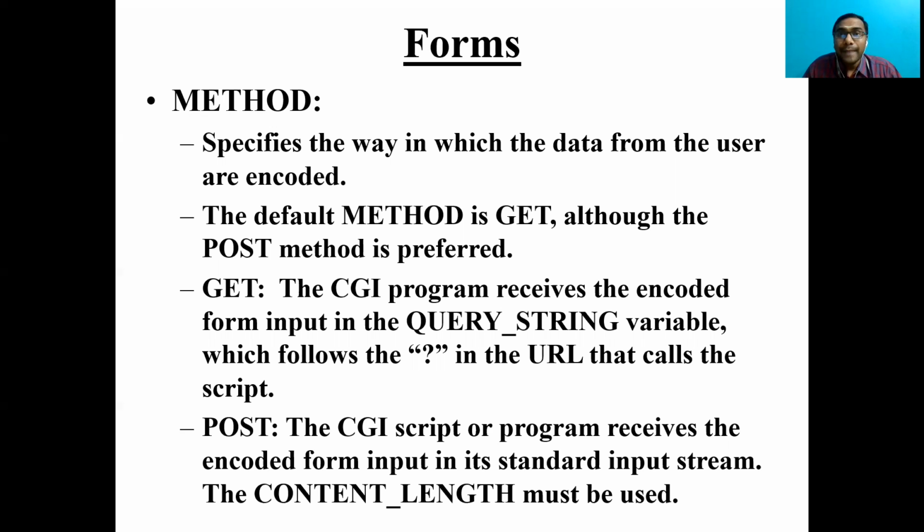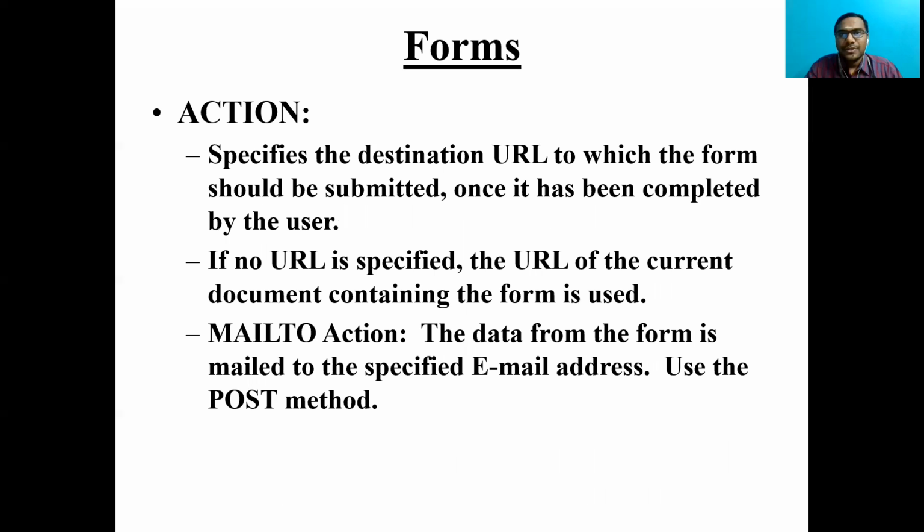In the post method, we can't find out what sort of data we are transmitting. That is one advantage of the post method, so most users or programmers prefer to use the post method instead of the get method. Let's move on to the next attribute, action.